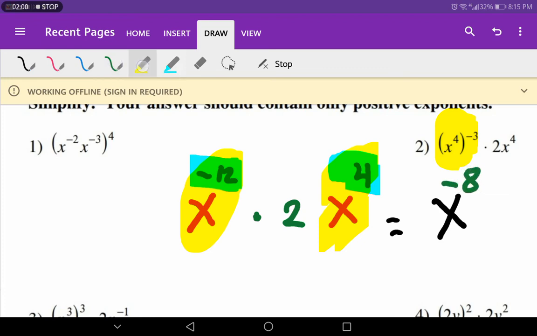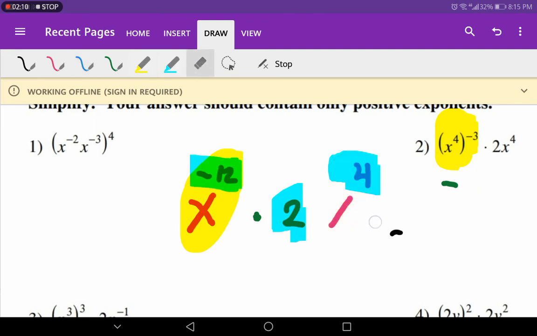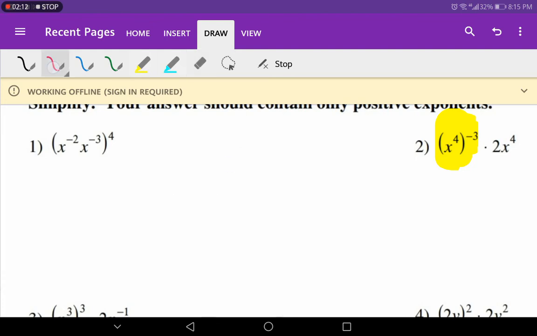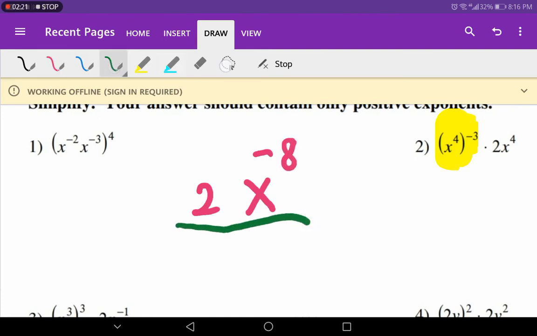What about the coefficient, my dear student, here? We keep it. So this is the answer. But remember that if I have a power with negative, we have to write it as a positive. It is 2x with negative 8. So we draw a line like this one and we cut this.